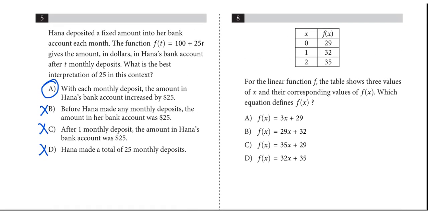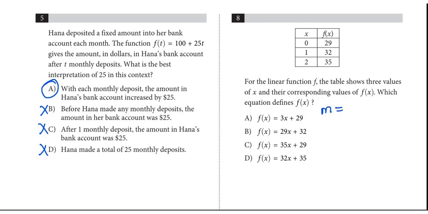All right, so question 8 says for the linear function f, the table shows 3 values of x and their corresponding value of f of x. Which equation defines f of x? So the first thing we are going to do is to find the slope, which is represented by m.